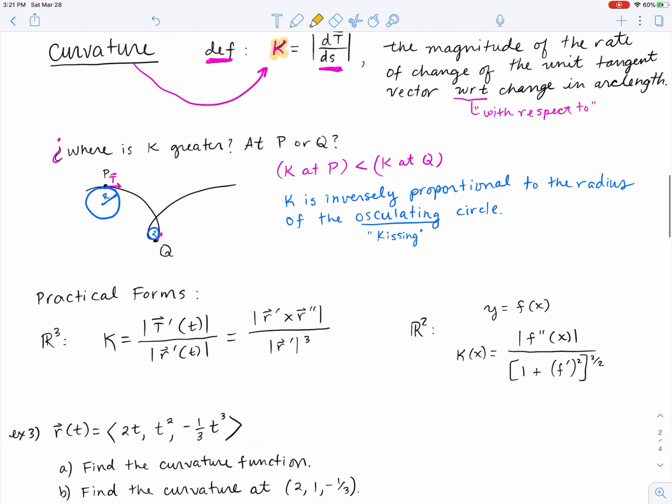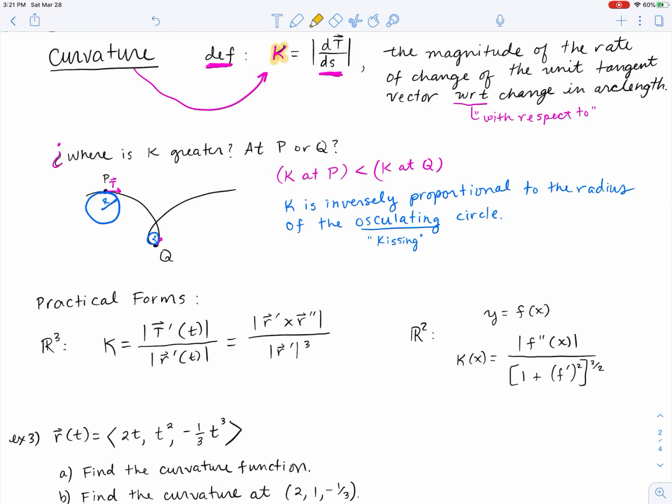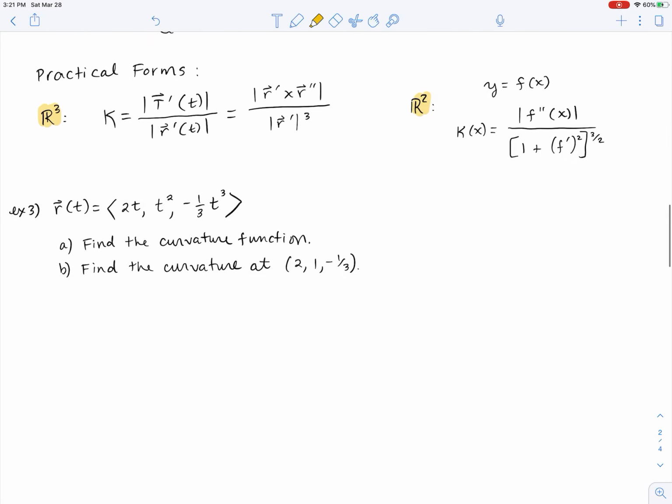Okay, so what I gave you before up here, again, is not a formula. For the formula, you want to use these ones, the practical forms. We have a couple, for R3 and R2. Let's go ahead and do a quick example. Find the curvature function. For A, we're going to use this formula here.